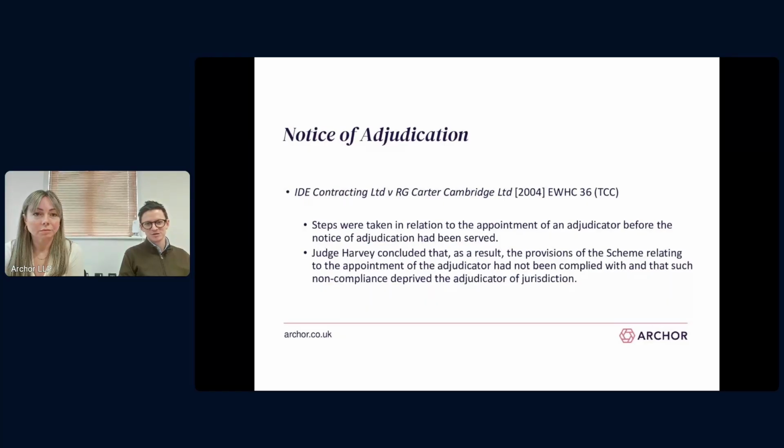But it's always worth looking at those and ensuring that whatever the method is, the notice has landed before you make the request to the nominating body. If I can, I try and do one late in the afternoon and then the second early the next day, just to ensure that it's clear, one day after the other.